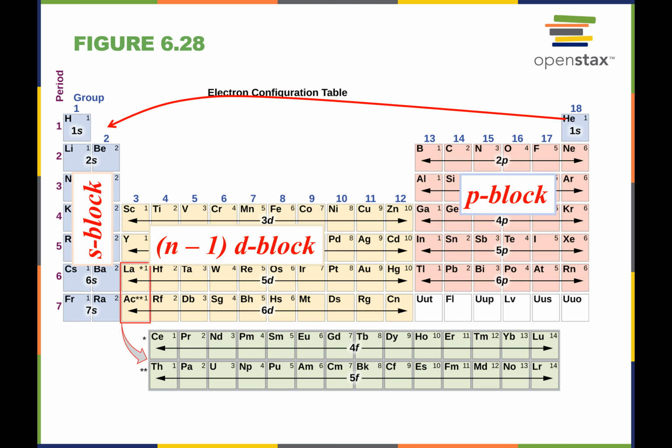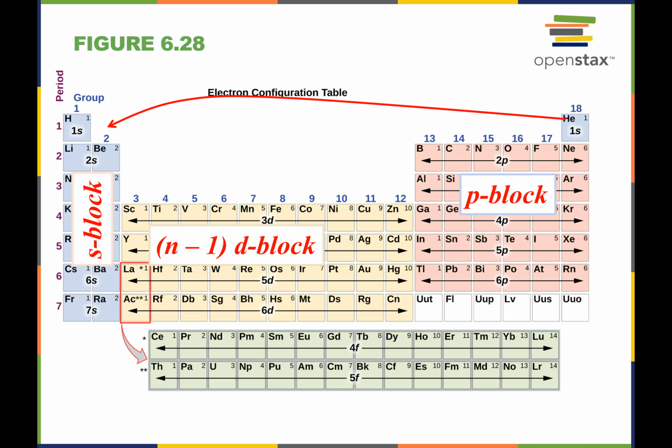Then I'm skipping through period 4, this n-1 D block: 1, 2, 3, 4, 5, 6, 7, 8, 9, 10. So 10 electrons, but it's not 4, it's 4 minus 1, or 3. So that's 3d10. Then I smack against the P block, and that's back to 4p1. See how that works?